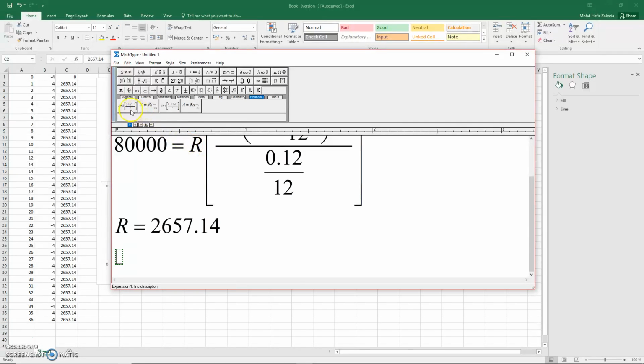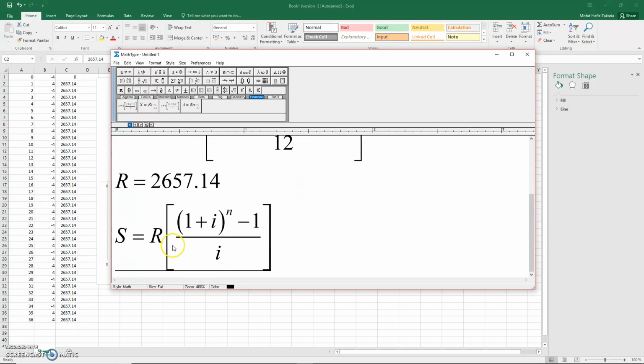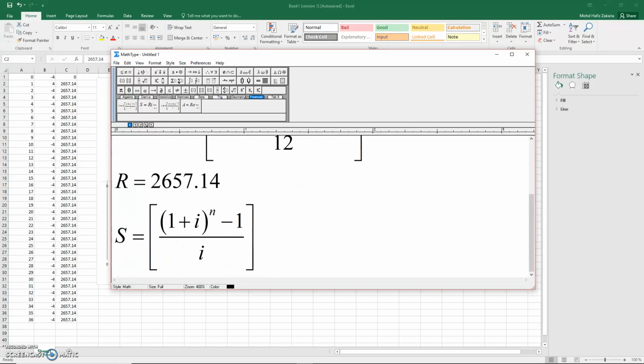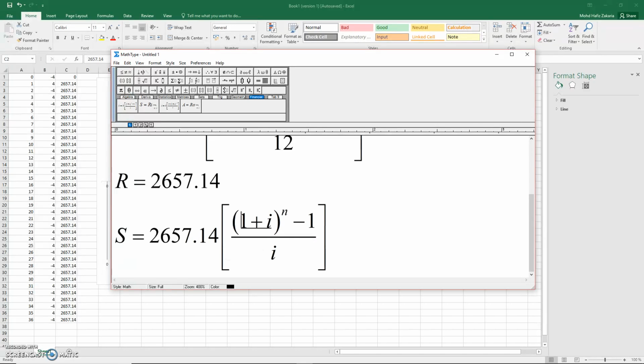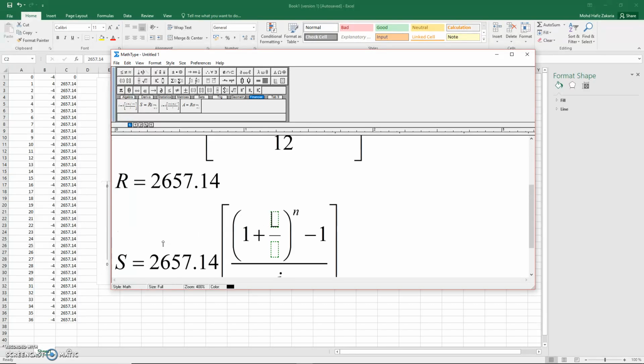So this is the formula of future value. The R is 2,657.14, with the I being 12% compounded monthly, so 0.12 over 12. For how long?